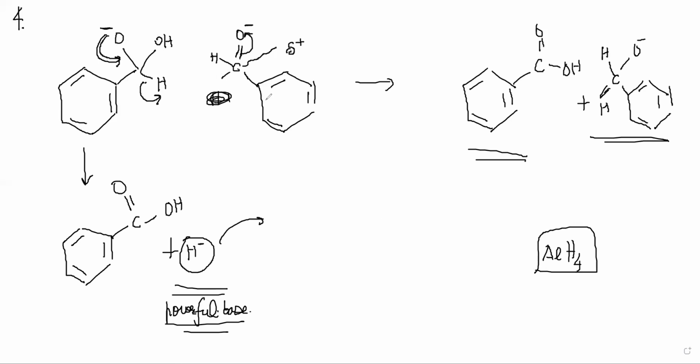So ultimately, this is what is resulting. It looks like H minus is coming out, but it is happening due to the reaction of these two molecules. So COOH will be formed here and this one will be formed here.